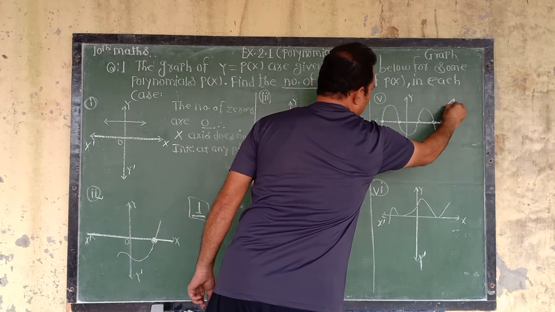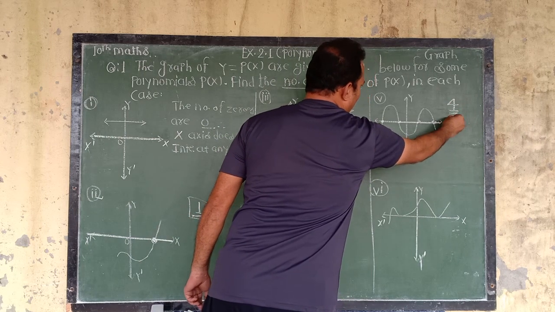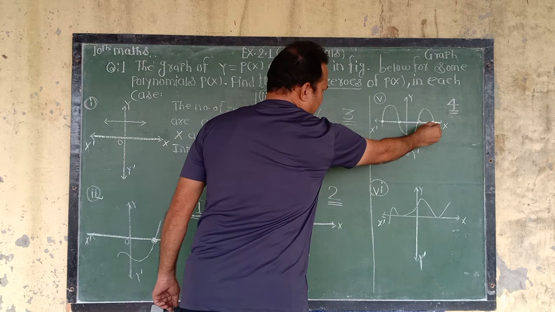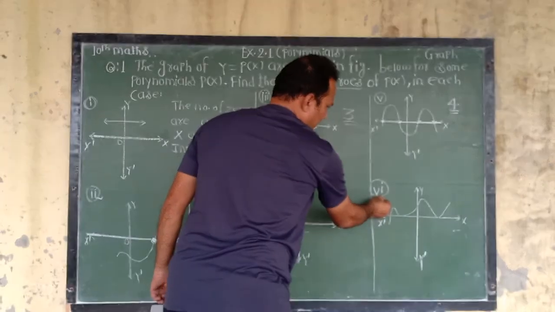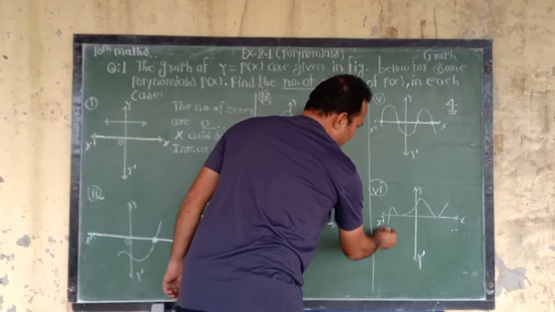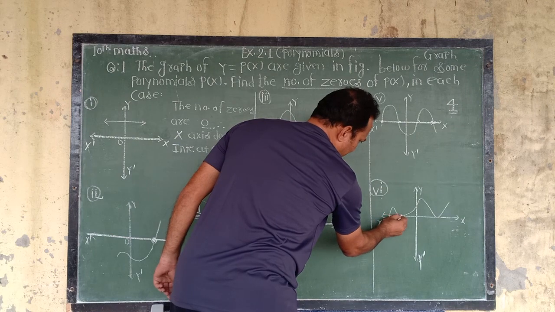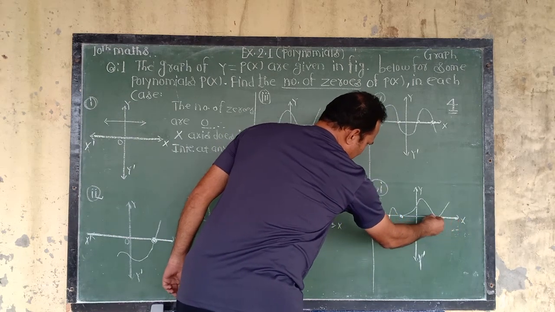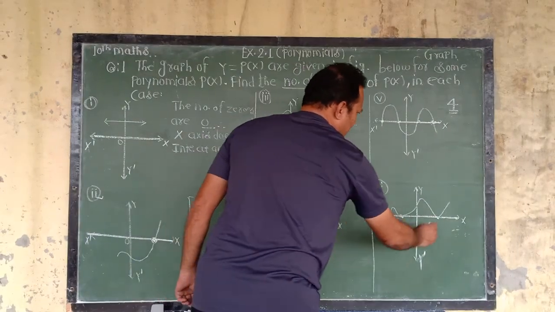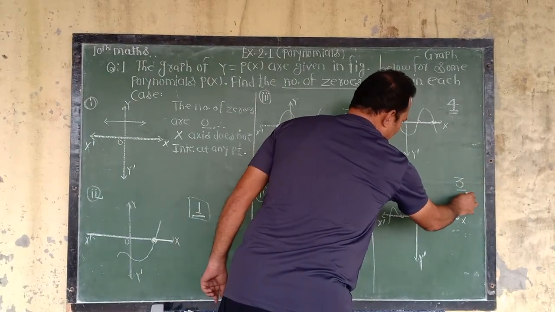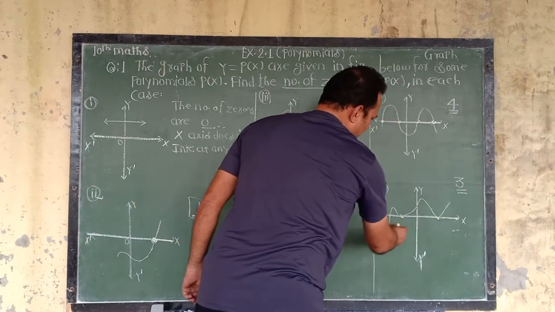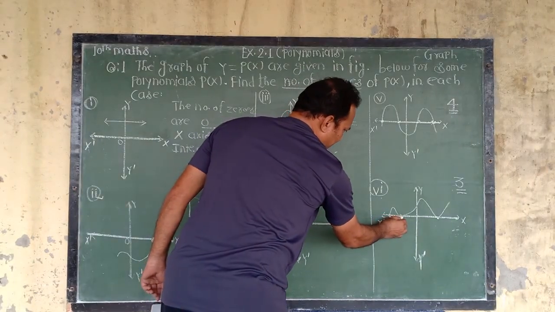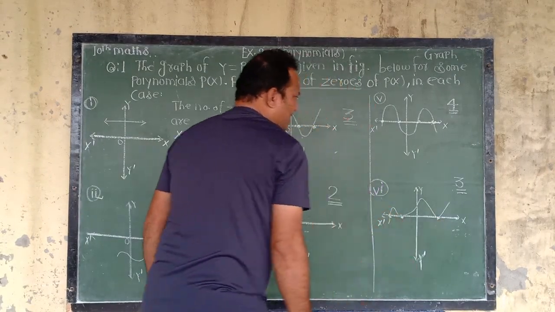Then the number of zeros is 4. And the last case, the sixth one, this is 1, this is 2 and this is 3. We have to see only the x-axis. Then the number of zeros is 3, as the x-axis is intersecting at 3 points.